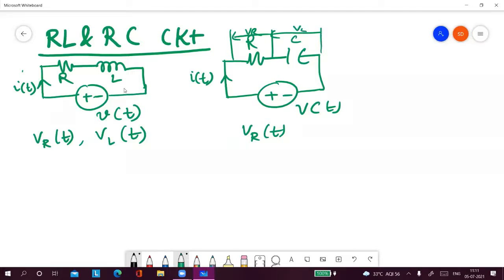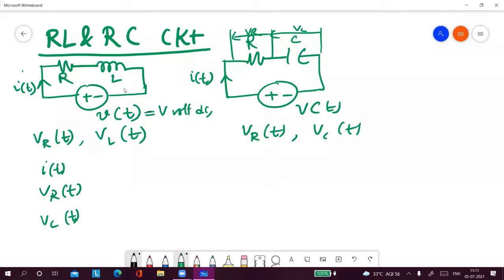So tell me, if V(t) is a DC source of V volts, then what is the expression of current i(t), VR(t) and VL(t)?